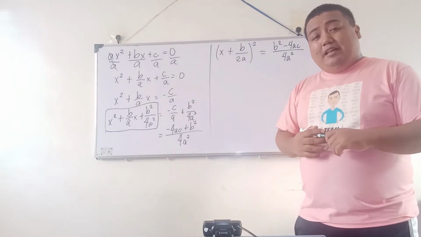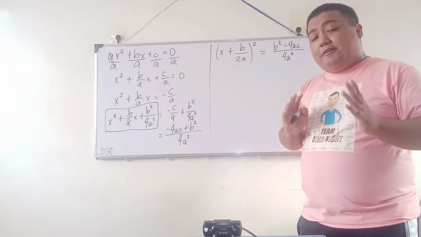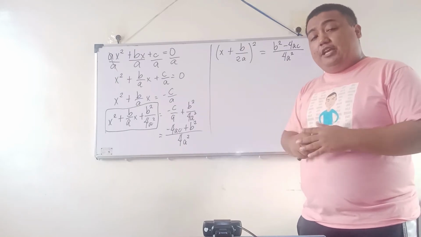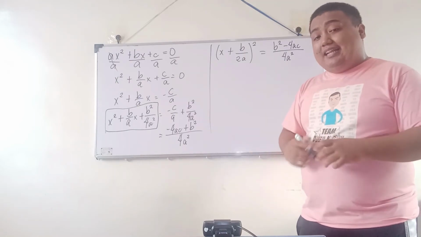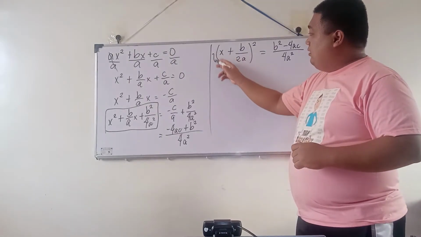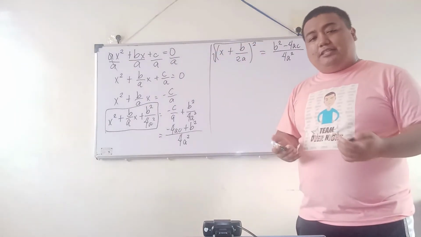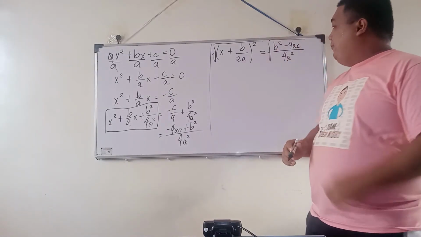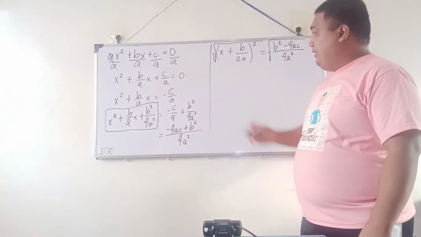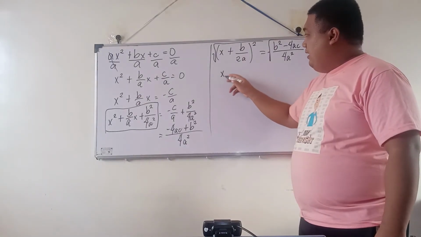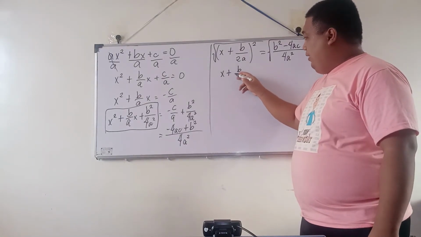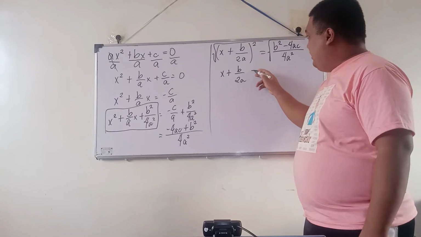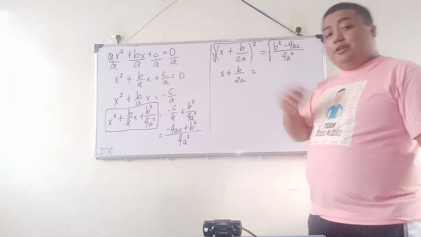Next step. After natin makomplete yung square and perform yung operation sa other side of the equation, mag-extract na tayo ng square root. So square root natin si x plus b over 2a squared, pati si b squared minus 4ac over 4a squared. So ang maiwan ay x plus b over 2a equals, may square root pa si b squared minus 4ac.